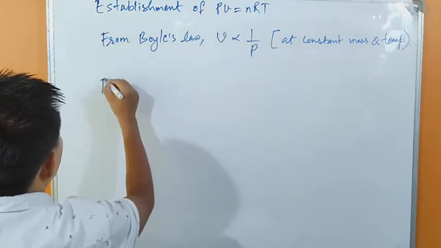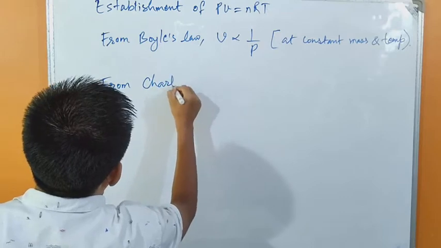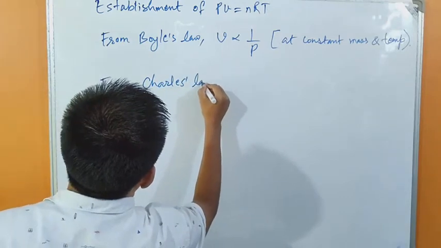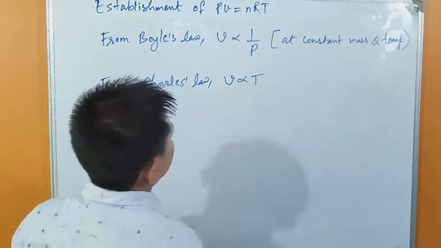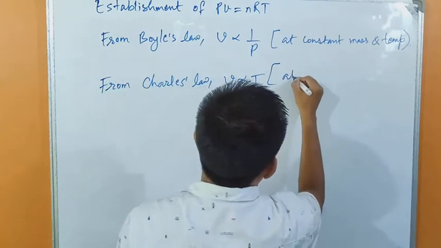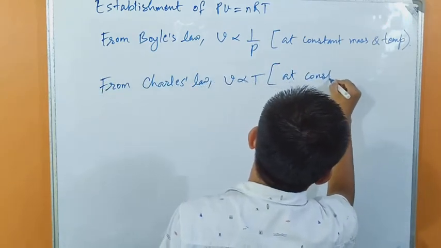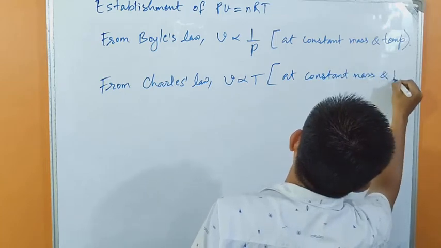And from Charles' law, we have volume is directly proportional to its absolute temperature at constant mass and pressure.